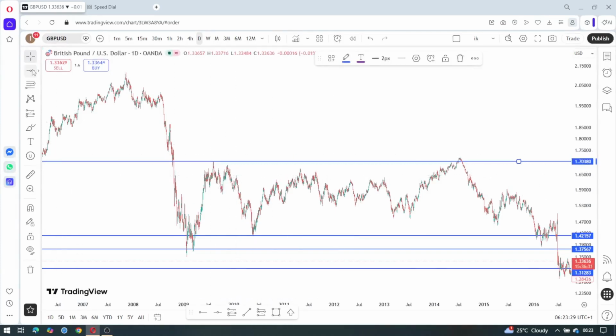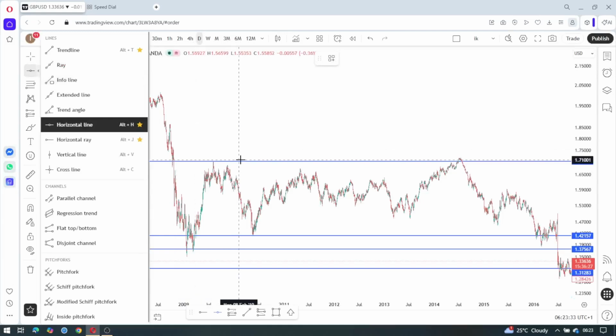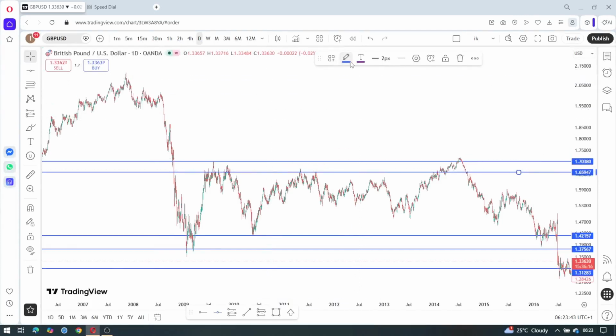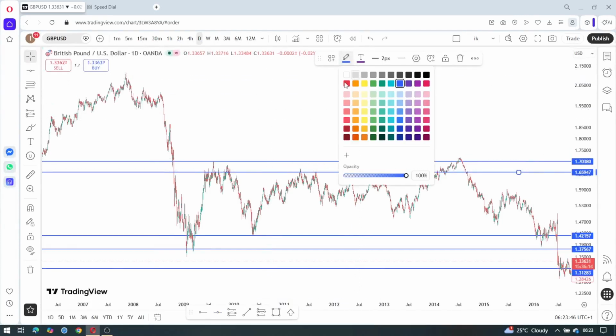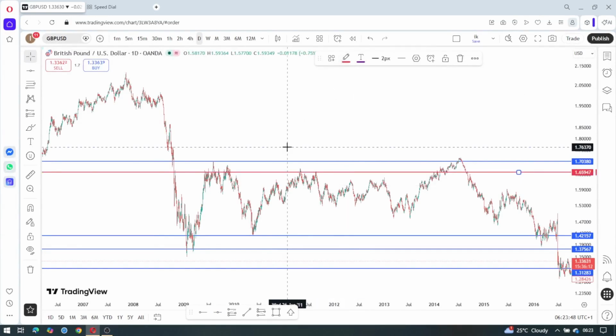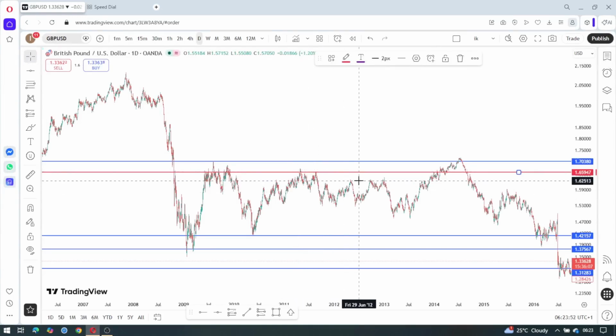All right. So just for instance, let me take this place. Let me take here. I want to change the color to something else. Let's change it to red. So I'm taking here this point and this point as my area. I can also take this point as my area.